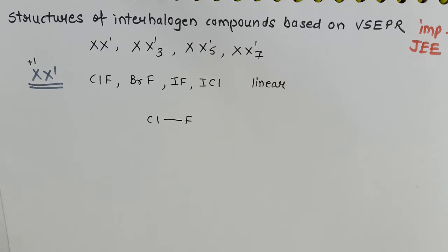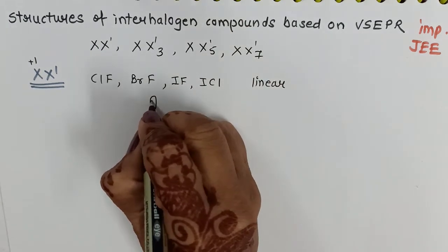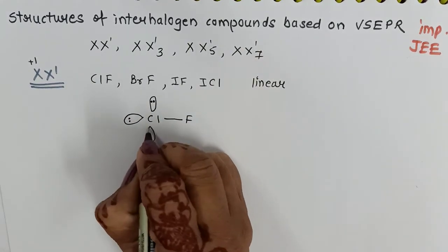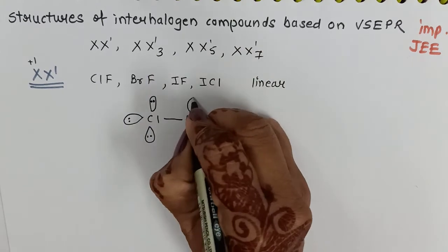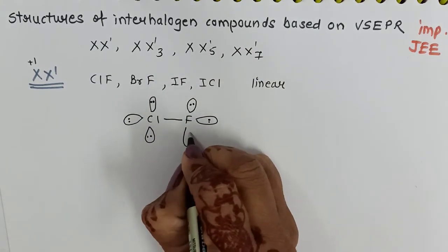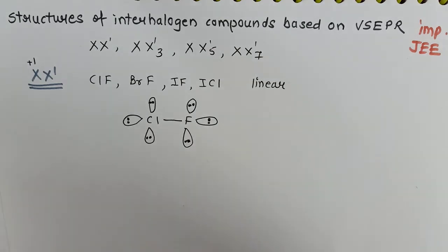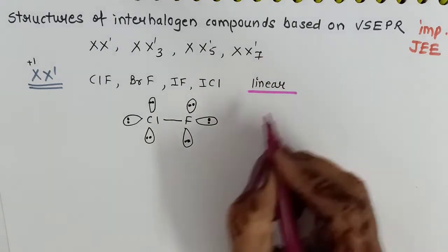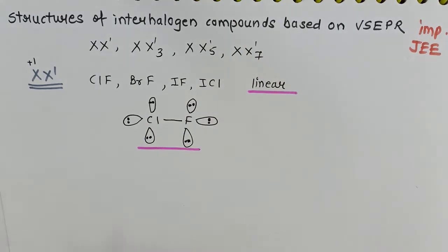In both cases, there will be 3 lone pairs left out on them. And therefore ClF will show linear structure. So you have to remember the shape and the structure of interhalogen compounds.